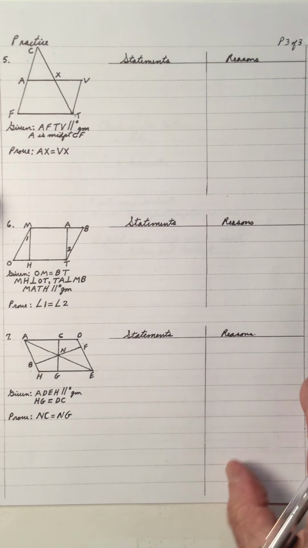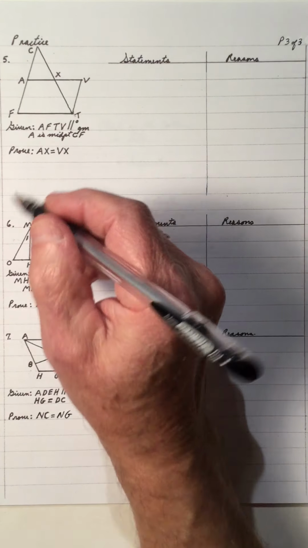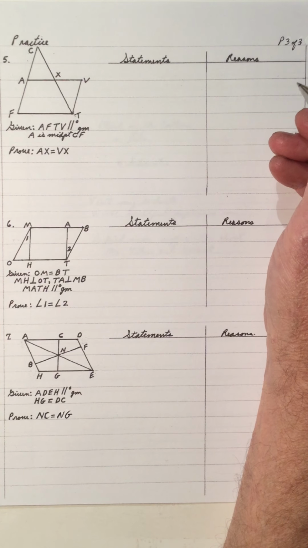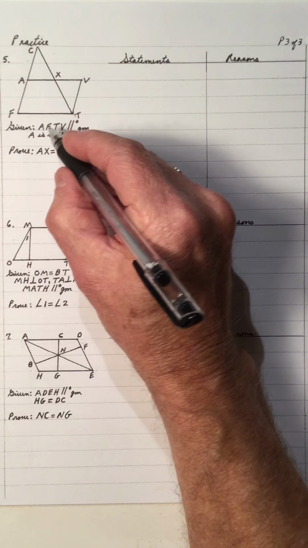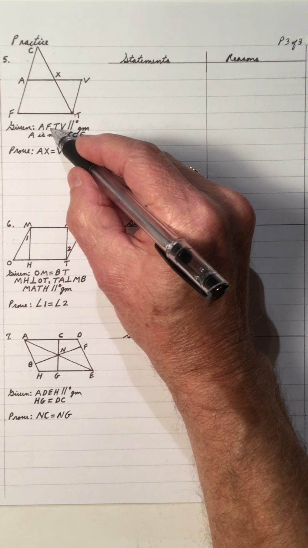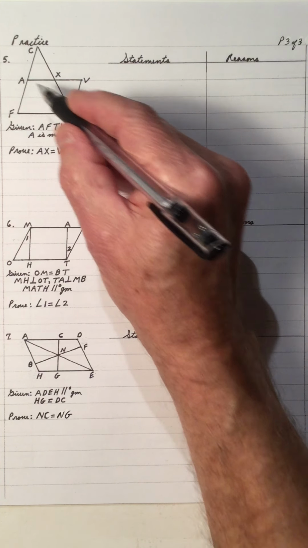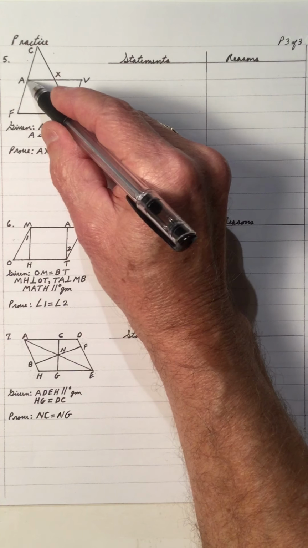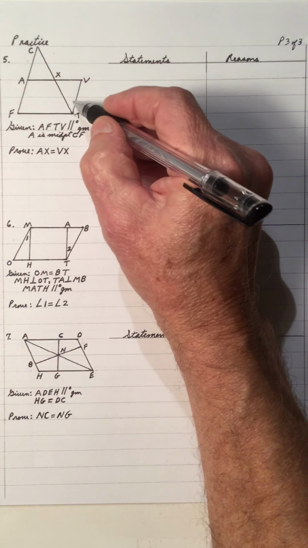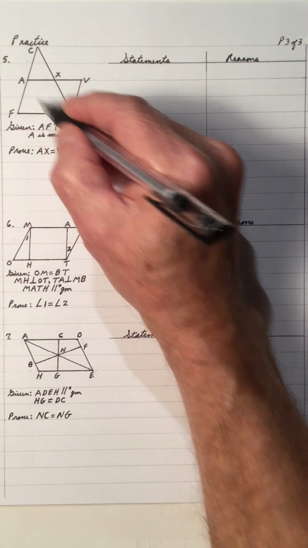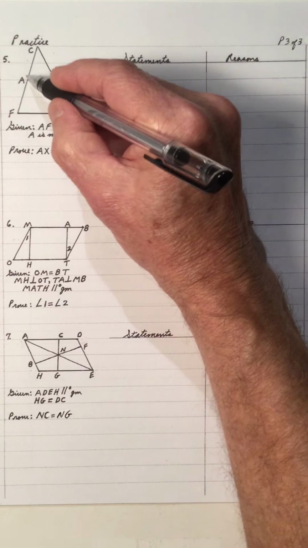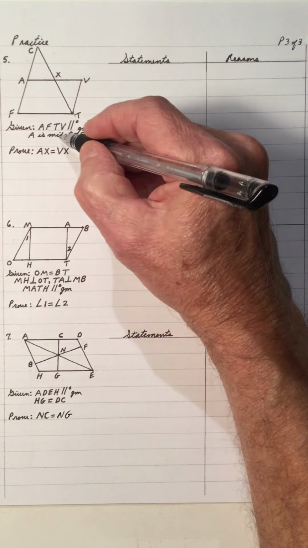Here we go. Again, we're using the properties of a parallelogram. I got this diagram. I have AFTV is a parallelogram. A is the midpoint of CF.